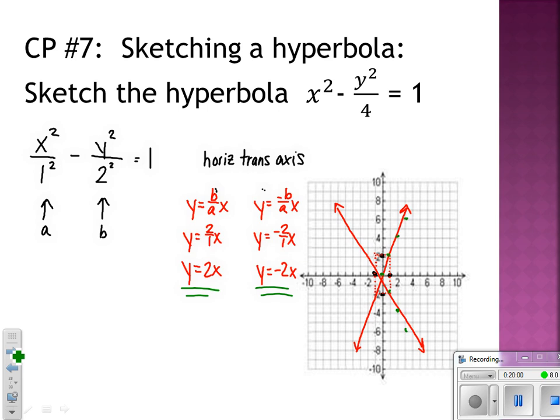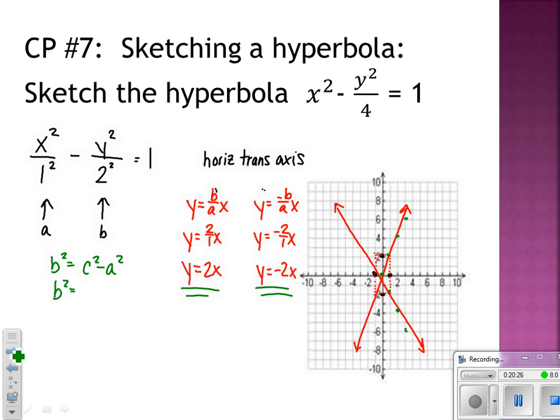Now the focuses, they're going to be located inside the curve, but this particular problem did not ask you for them. Let's go ahead and calculate it anyway though. So we need our relationship between our A's, B's, and C's. On a hyperbola, again, B squared is equal to C squared minus A squared.